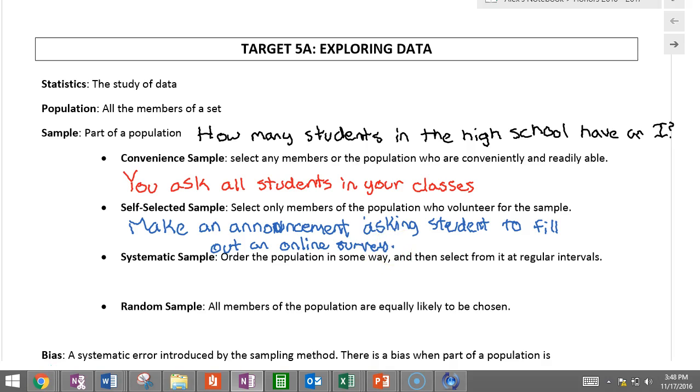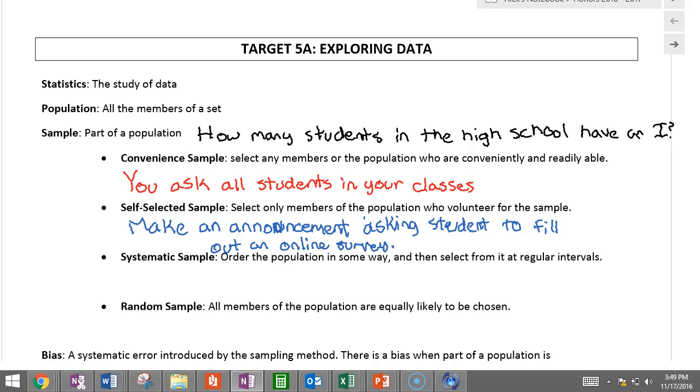And the online survey would ask questions like, do you have an I in this class? Blah, blah, blah. And you can see how many students have an I, right? It's self-selected because, right, people have to volunteer. They have to go on the website and they have to answer the survey. It's only people who choose to do so.